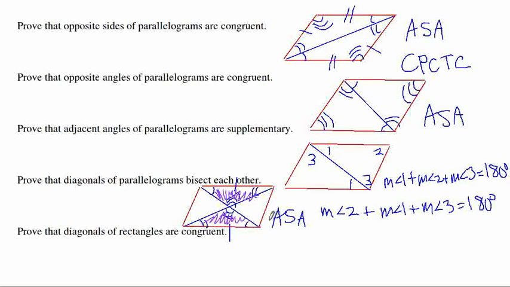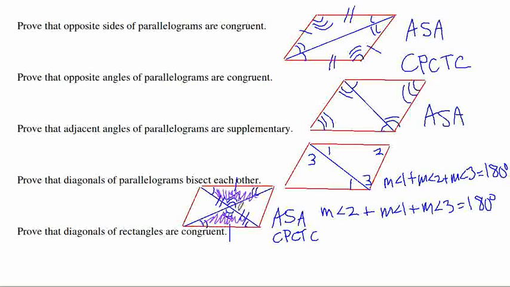All right, and we know from CPCTC that corresponding parts of those two triangles are congruent. So that means that this side has to be congruent to this side.